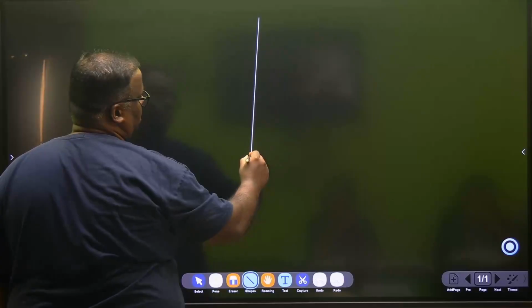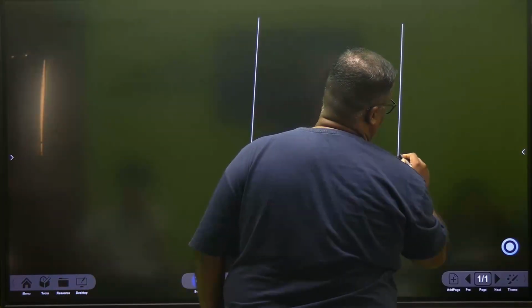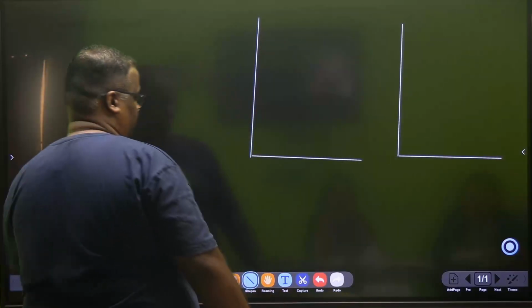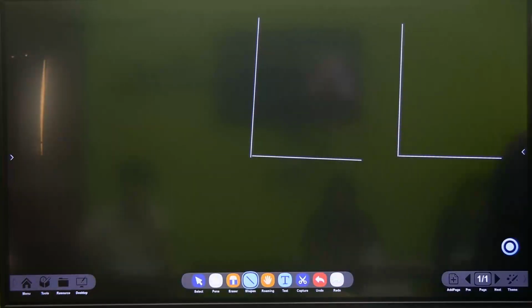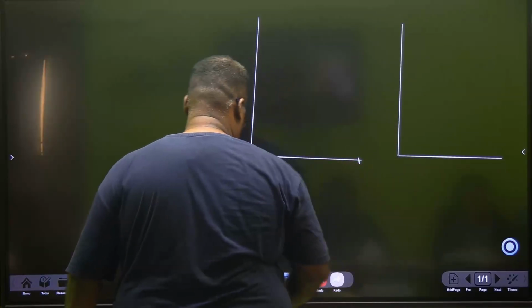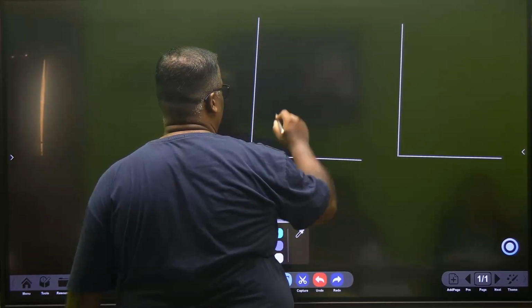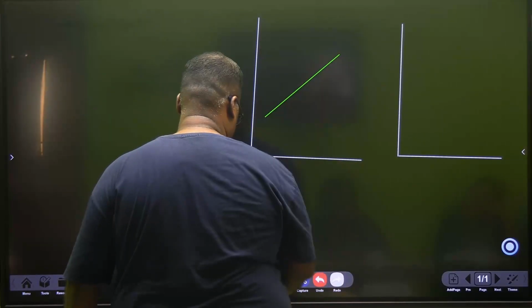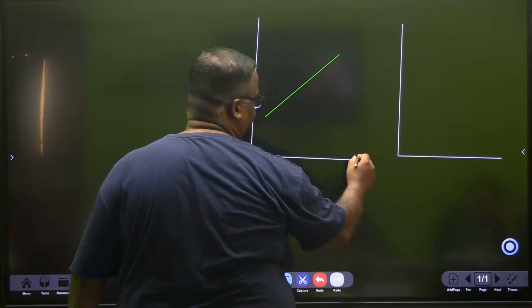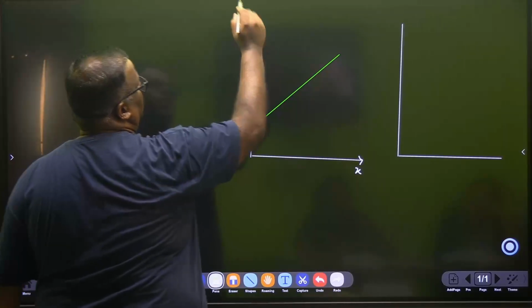Let's analyze two scenarios. Okay. This is X and this is Y axis.